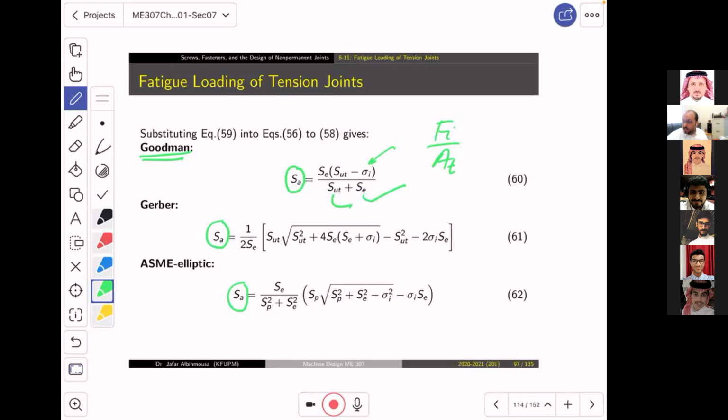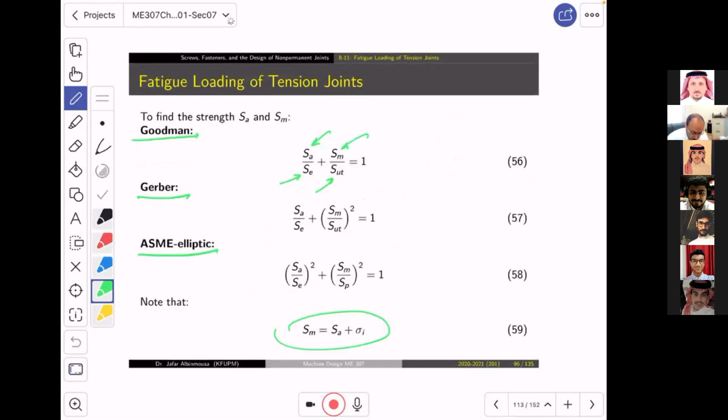Here, one note, ya shabab, which is very important, I need to point out. The elliptical equation says that the curve should start from SE and go to SY, but it is an ellipse like this. So we are going to replace SY with SP.